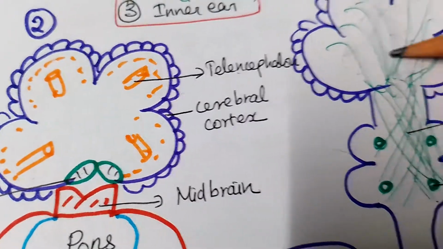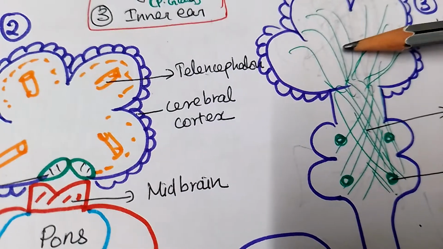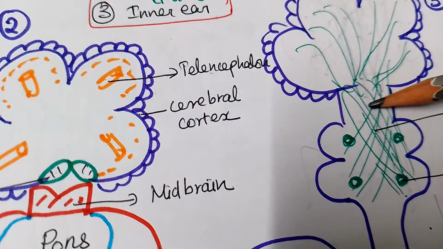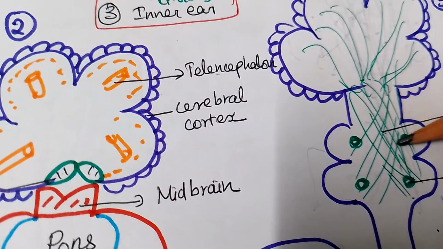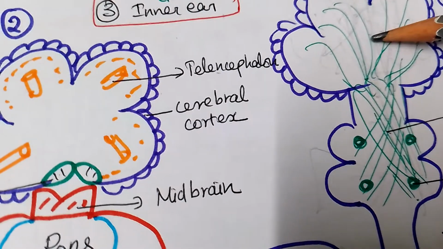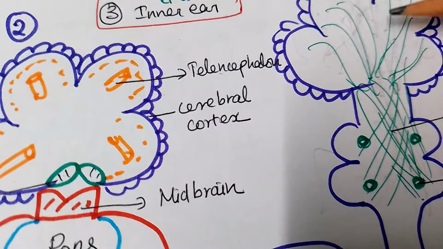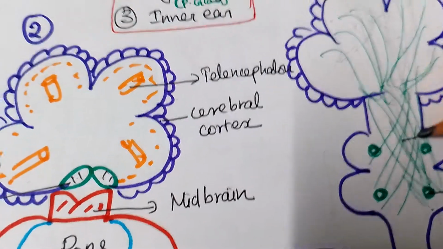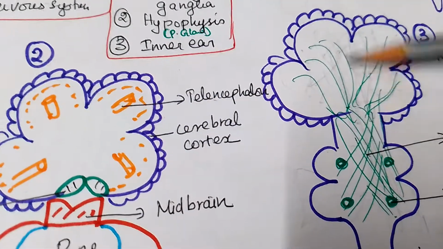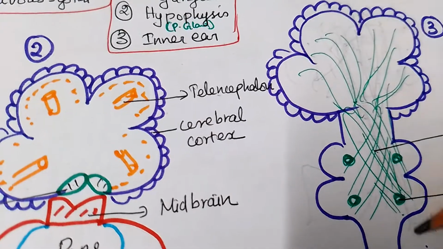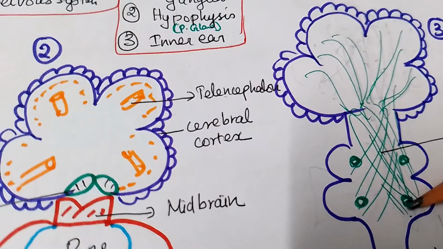Two types of tracts are present: the ascending tract and the descending tract. The descending tracts carry motor information downwards, while the ascending tracts carry sensory information upwards.